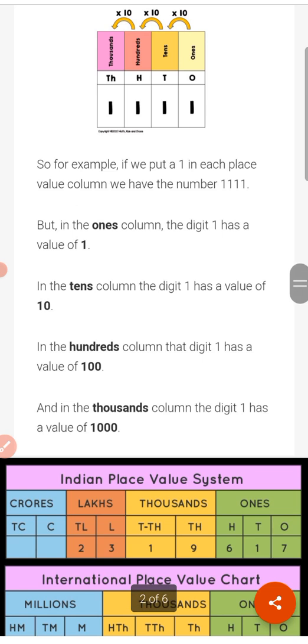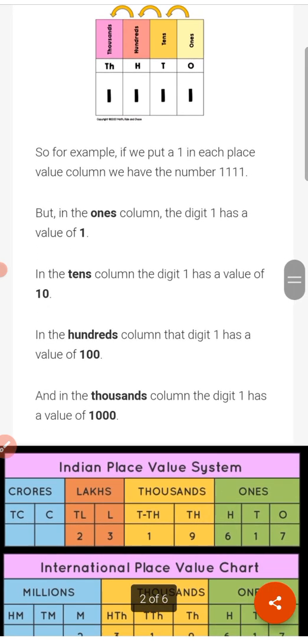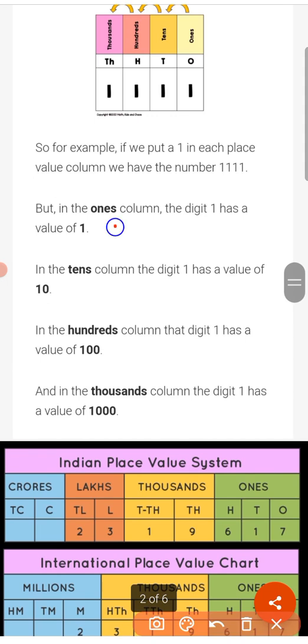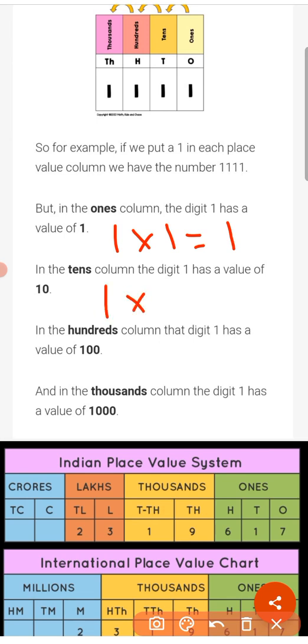In the ones column, the digit has a value of 1. As I told you, if the digit is in the ones place, you multiply by 1, so 1 into 1 is 1. If it is in tens place, you multiply by 10, so the value is 10.